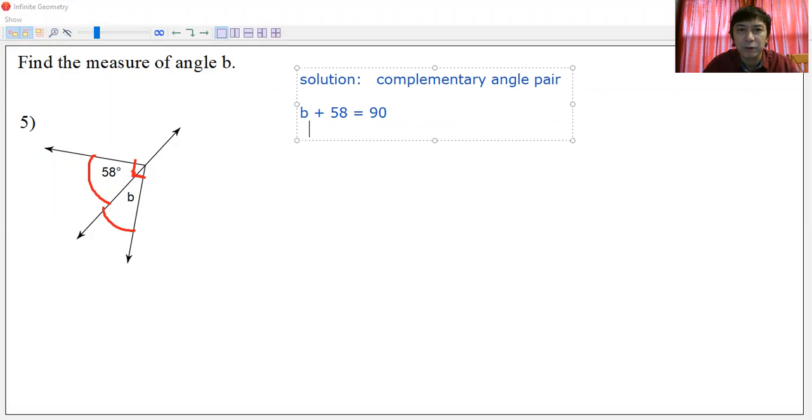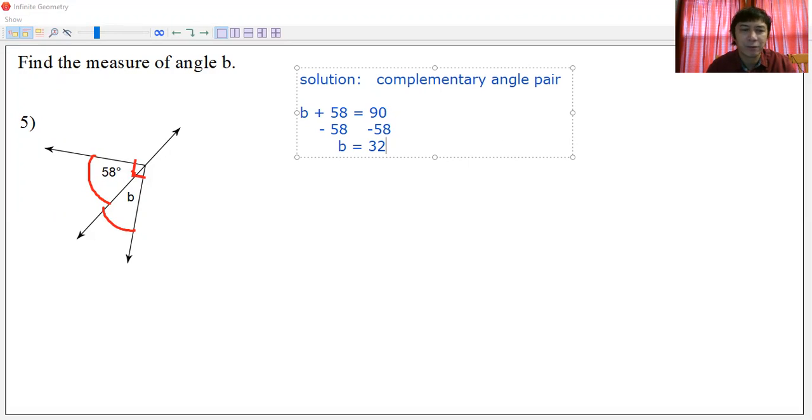We continue with the solution by subtracting 58 from both sides. The left side will be just the variable B, and this will amount to 32. 32 degrees is the answer.